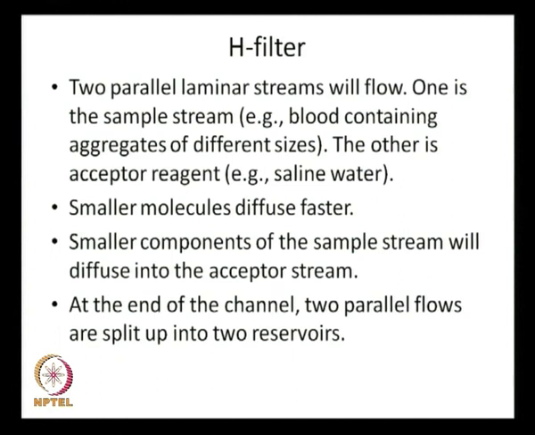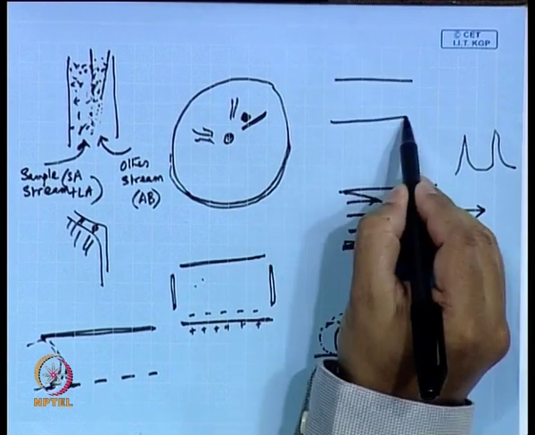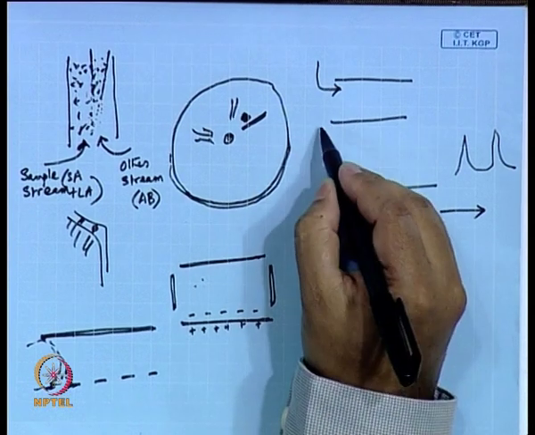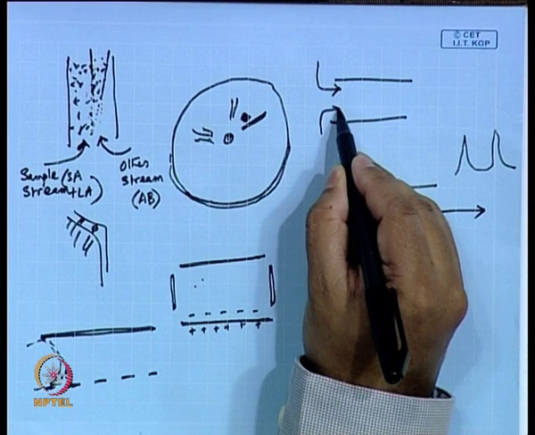One is the sample stream, such as blood containing aggregates of different sizes, and the other is an acceptor reagent such as saline water. So, you have a channel through which two streams are flowing parallel to each other.